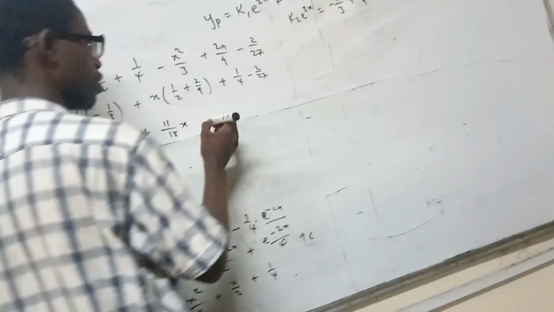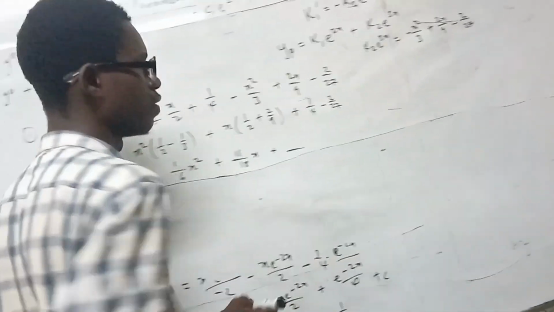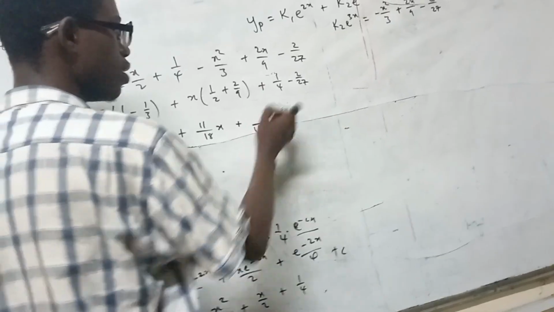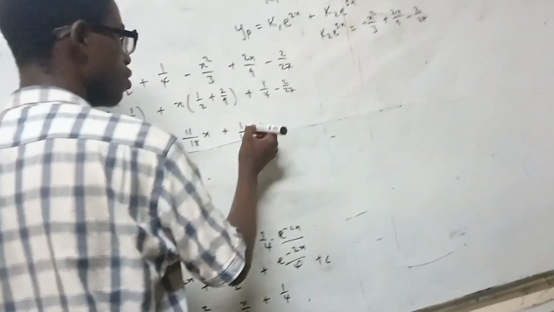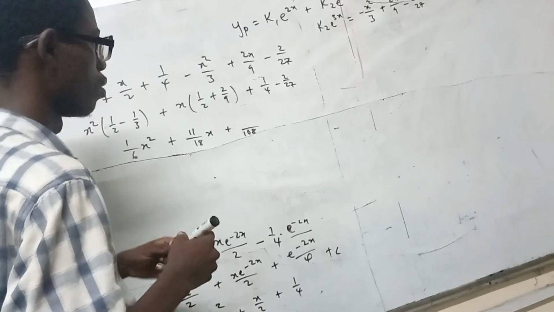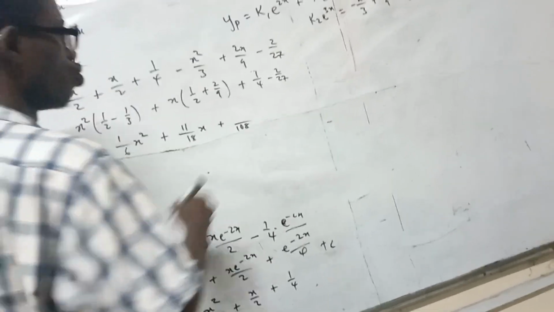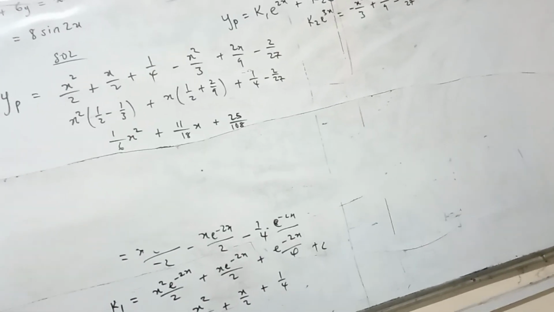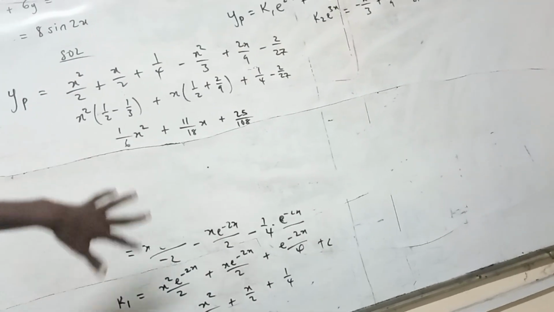So we have 1 over 6 x squared plus 18, 9 plus 2 is 11, 11 over 18 x, plus 27 times 4 is 108. 27 minus 2 is 25, 25 over 108. So this will be our y particular.